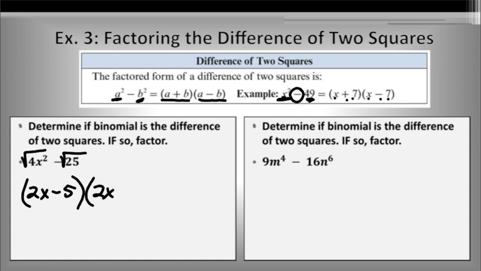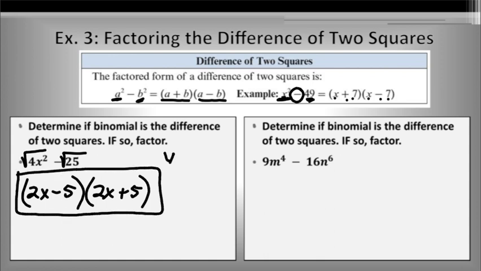And then I know that 2x minus 5 times 2x plus 5 would be our answer. So yes, this is a difference of two squares. If I use FOIL, the middle term cancels off. 2x squared is 4x squared. 5 squared is 25.